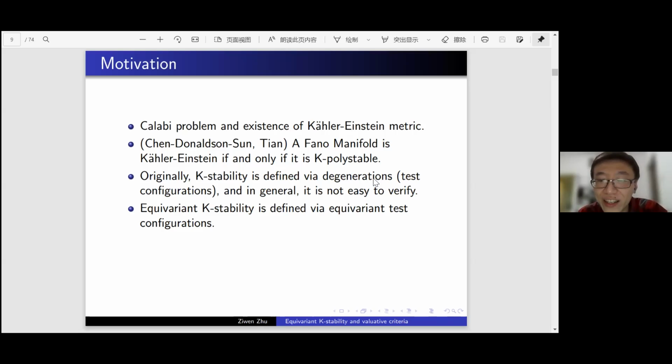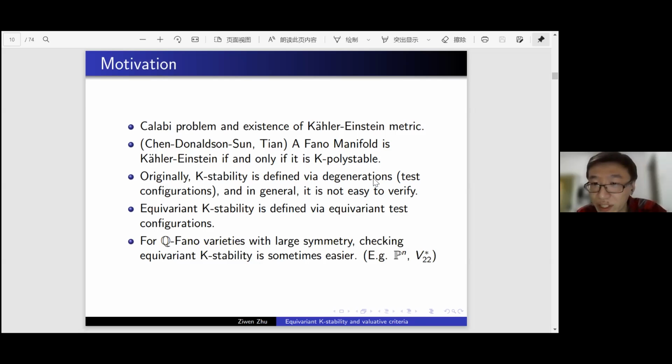In reality, checking equivariant K-stability will usually be easier, and we'll see examples later. Projective space is a very typical example, as it has a lot of symmetry. We will also see some examples of Fano threefolds and other examples as well. So checking equivariant K-stability is usually easier.